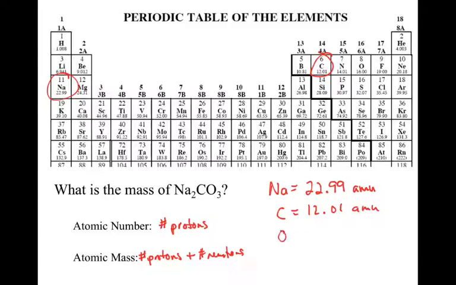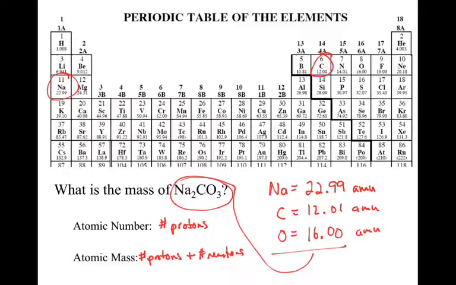And we could also look up oxygen, which comes out at 16.00 AMUs. If we combined all this information together with the last piece of information, our formula, we could determine the mass of the sodium hydrogen carbonate.